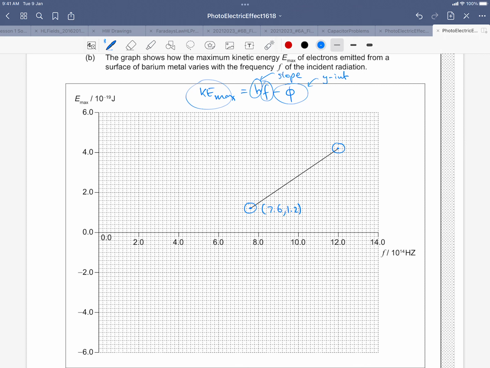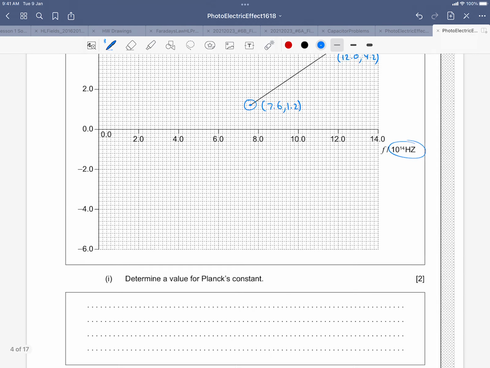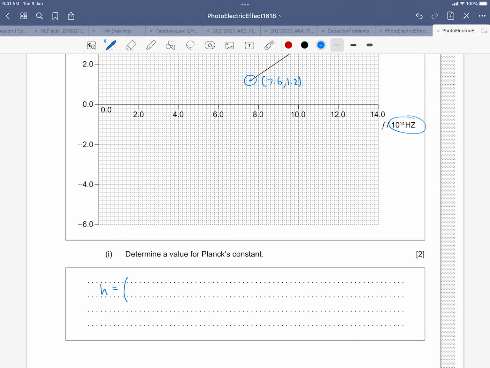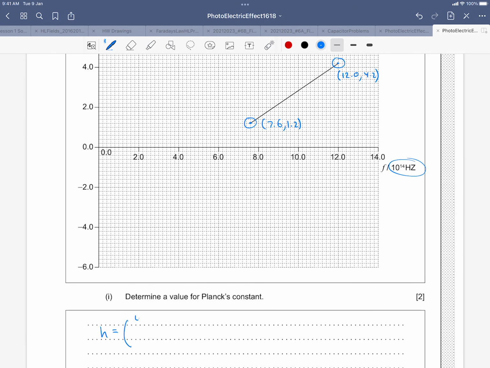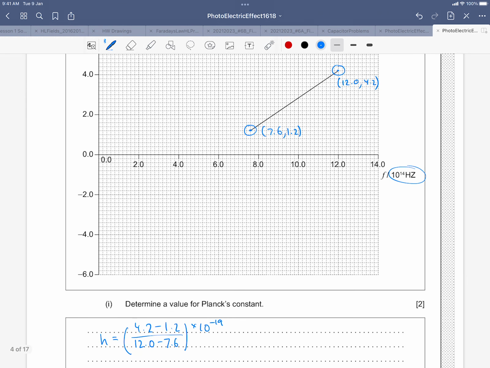And then you have to, of course, just read off the numbers carefully and pay attention to the units on the axes, very important. So what I got here was, let's see, so it's like 4.2, so it's the rise over the run, 12 minus 7.6, and then the units, right, I've got 10 to the negative 19 joules on the y-axis and 10 to the 14 hertz on the x-axis.